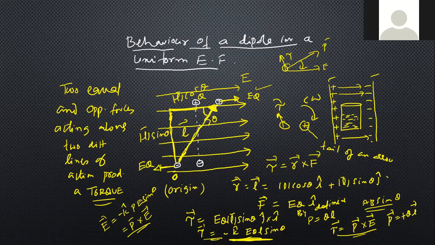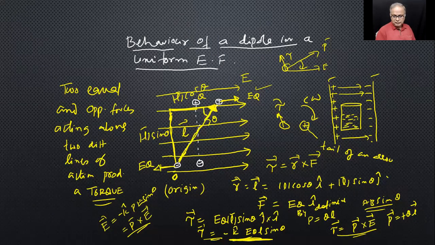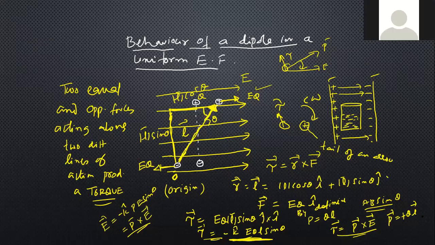Yes, sir. I meant also in this way we're writing it. So dipole moment direction is what? In the direction of L. Do you know? No, P's direction is from minus to plus. Torque is into.